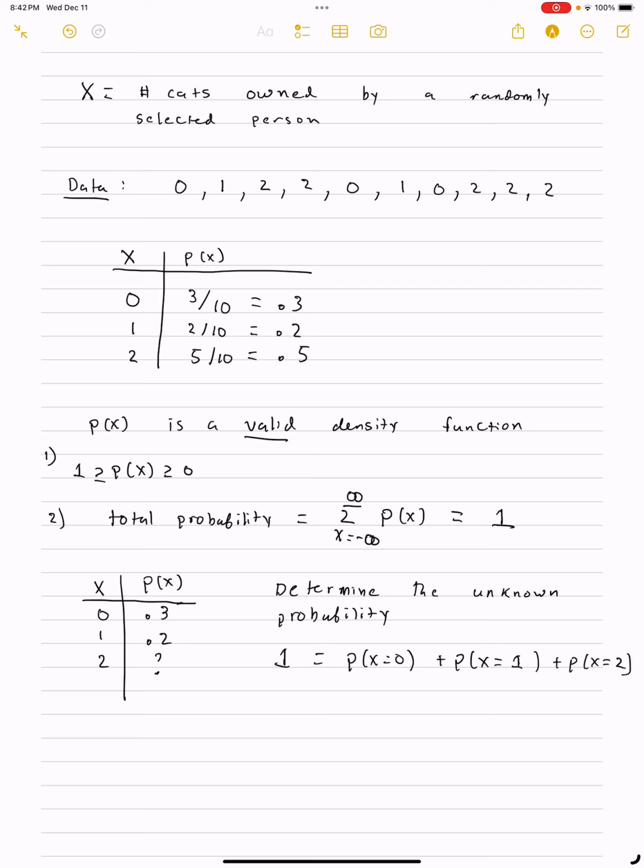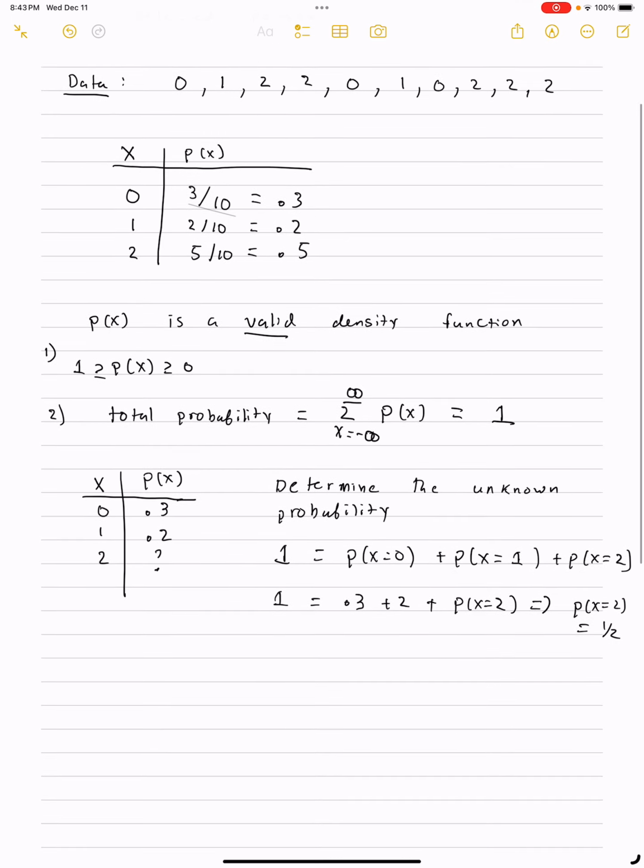All the other probabilities are 0. Okay, and so we get 1 is equal to 0.3 plus 0.2, and then we have our unknown probability, and solving this equation tells us that it's equal to 50%.